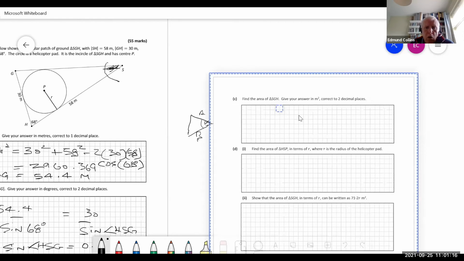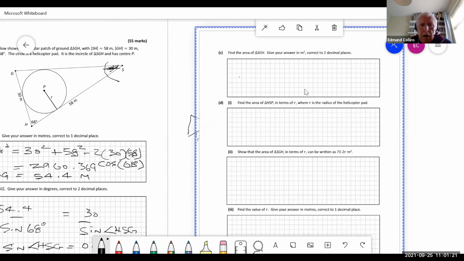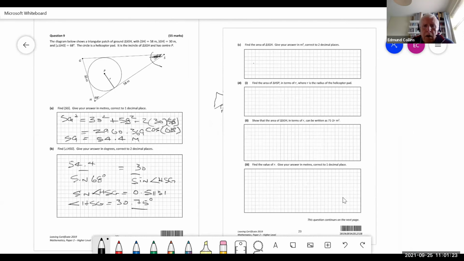So it's quite straightforward then to calculate the area of the triangle: half by 30 by 58 by the sine of 68 degrees.